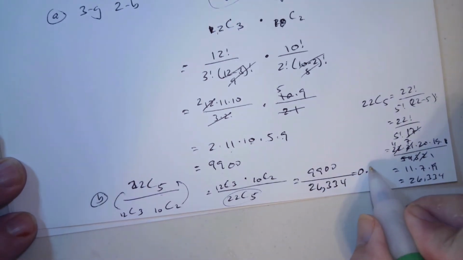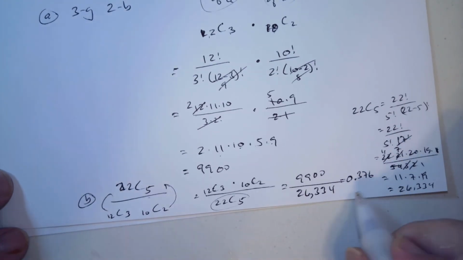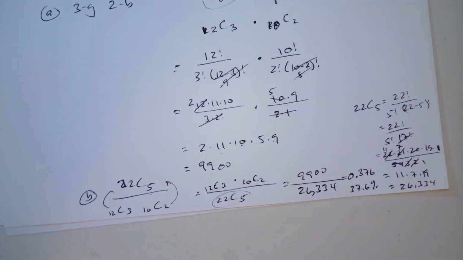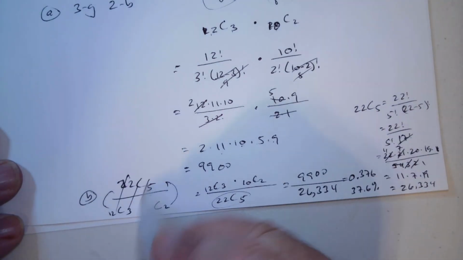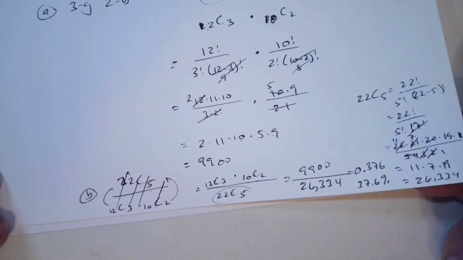So that equals, so you have a 37.6% chance of that happening. I'm sorry about this. The bigger number always goes on the bottom for probabilities.